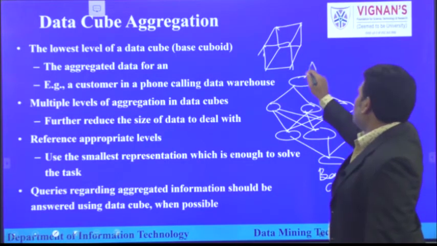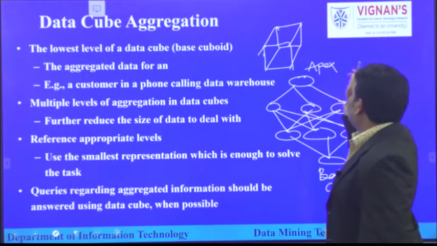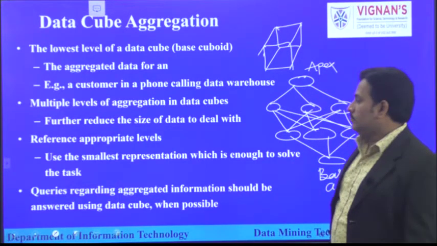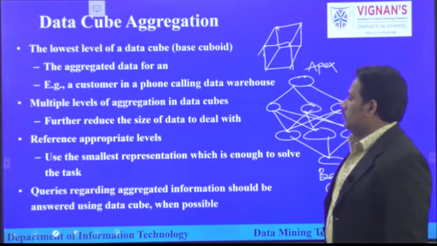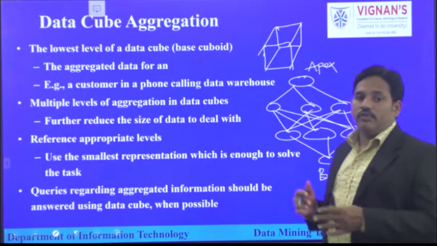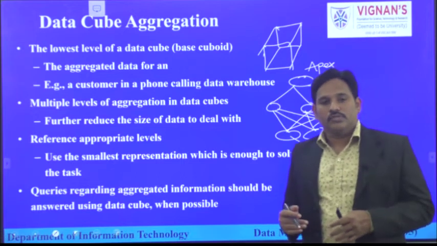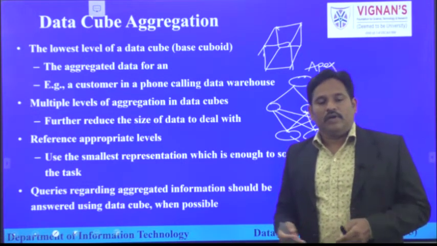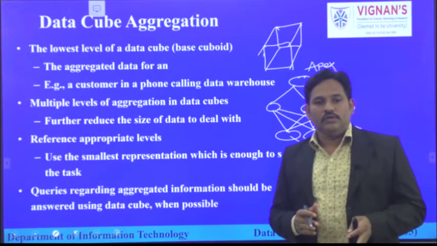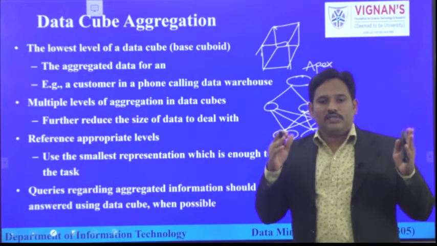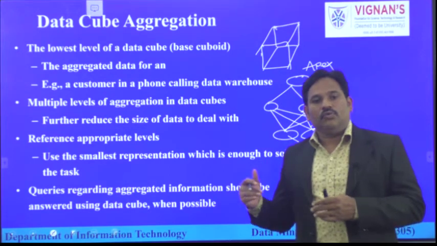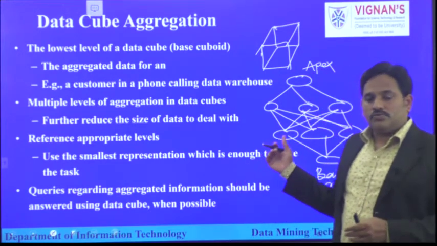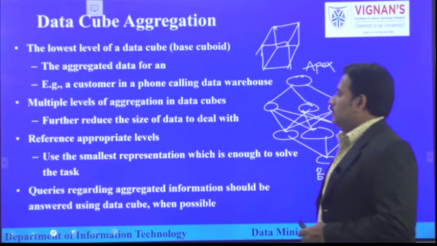And this we can call the apex cuboid. So it depends on how you are viewing. If you are drawing from a top to down approach, the apex and base value will change. And if you are using a bottom approach, the values will change. So whatever methodology you are using, we have to focus on what is the starting value and the number of dimensions you are using at the base level.